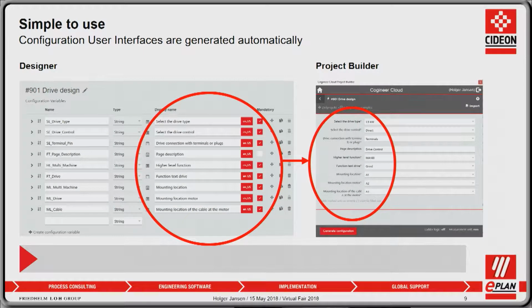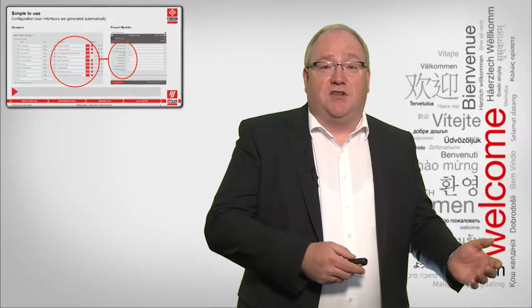Now the user interface for the project builder. This user interface for the configurator in the project builder is generated automatically by ePlan Cogeneer. There is no save button, there is no refresh button necessary to press. It's just there. Just switch from the designer into the project builder.